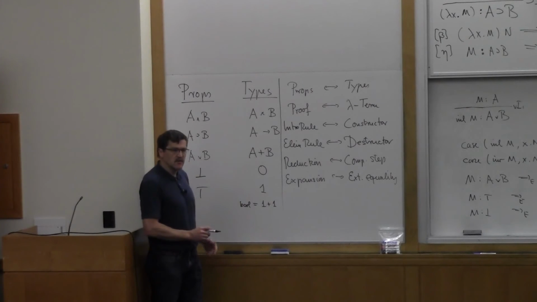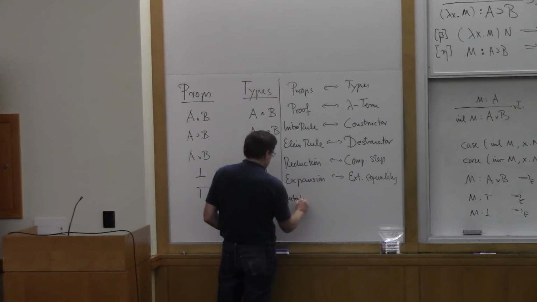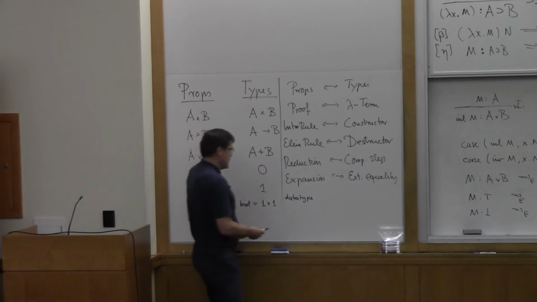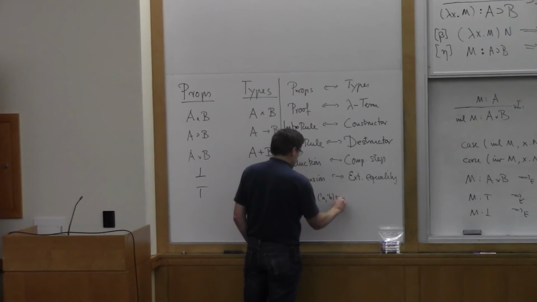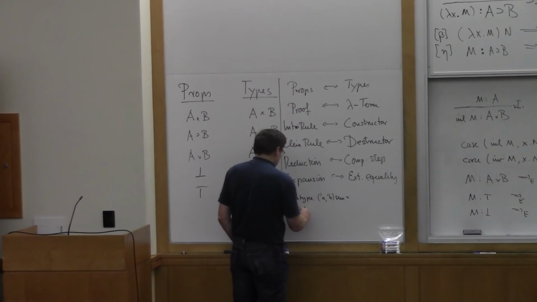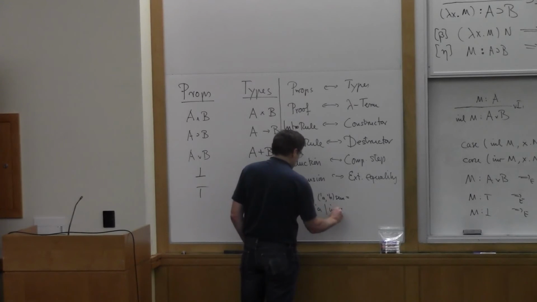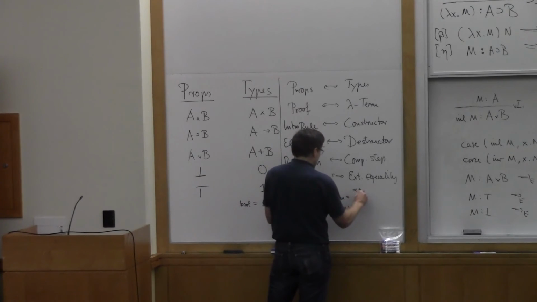So usually in a functional language, you have some kind of a data type construct. In ML, you might be able to say data type, I don't remember the syntax, alpha, beta, sum equals in left of alpha or in right of beta. And so then that should correspond to alpha plus beta, right?